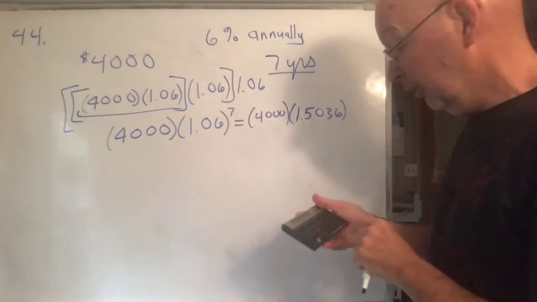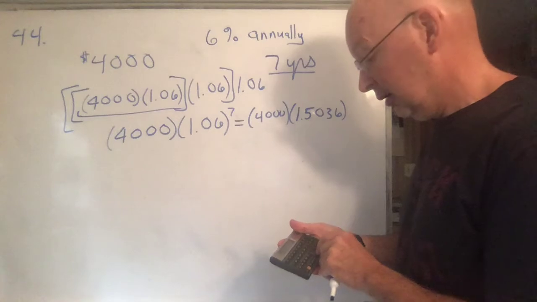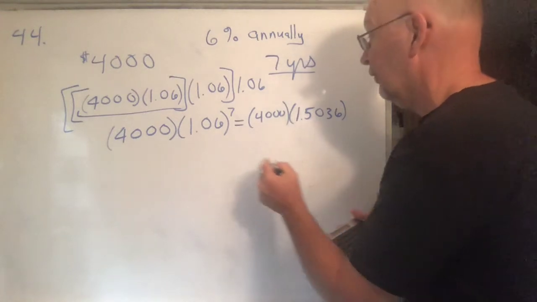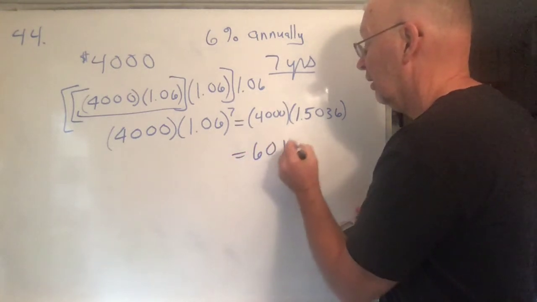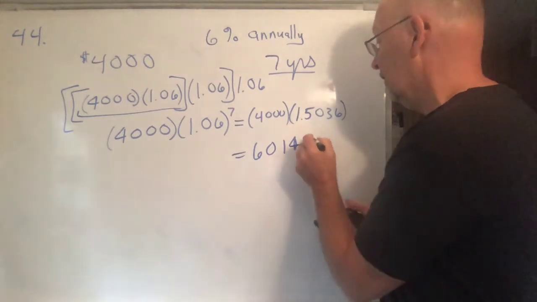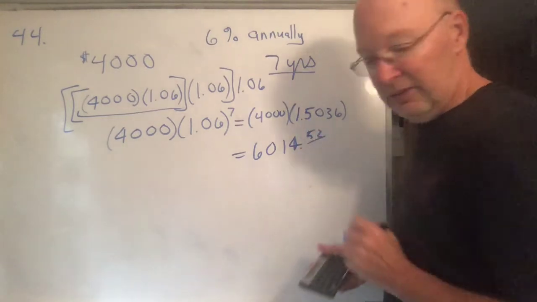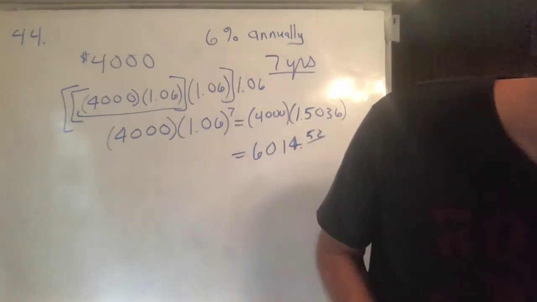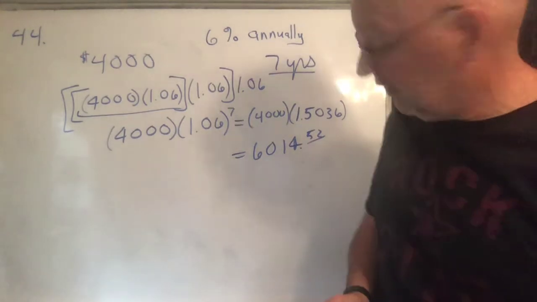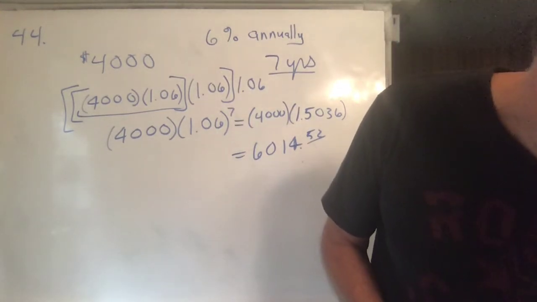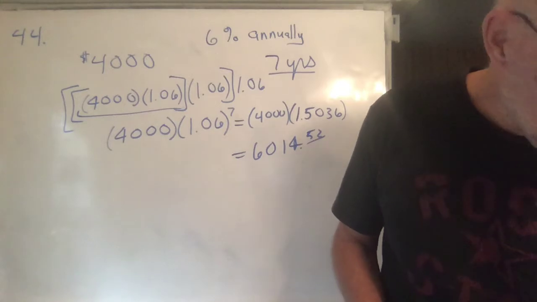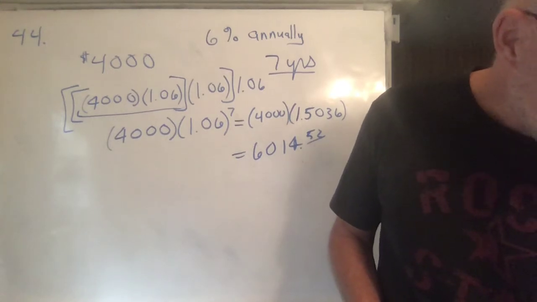Looks like it's going to be a little bit over 6,000. 6,014 bucks and 52 cents. That's enough for a small candy bar. So let's see if that's in there. 6,014. Yep, there it is. See, very good. That's number 44.